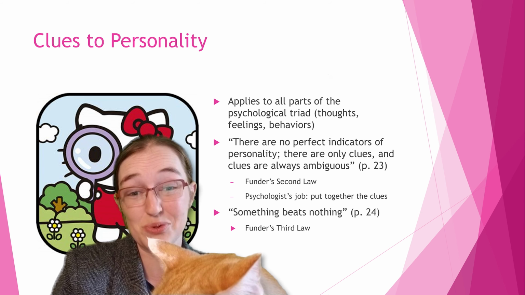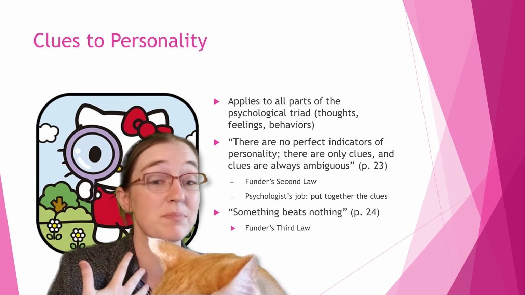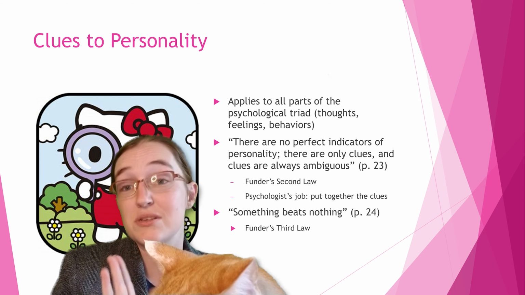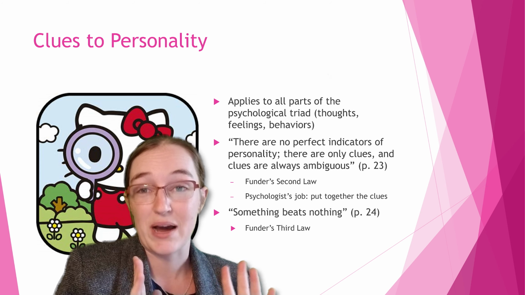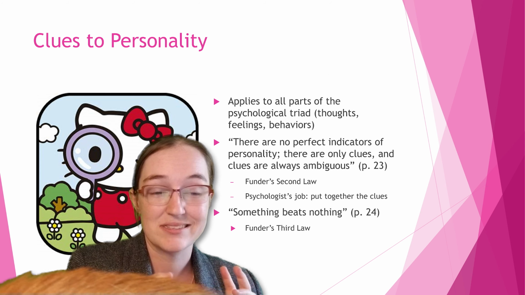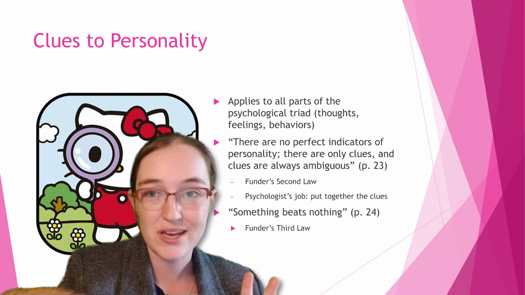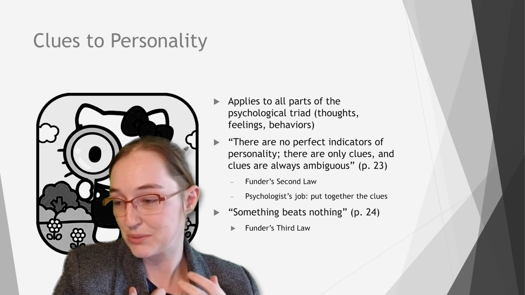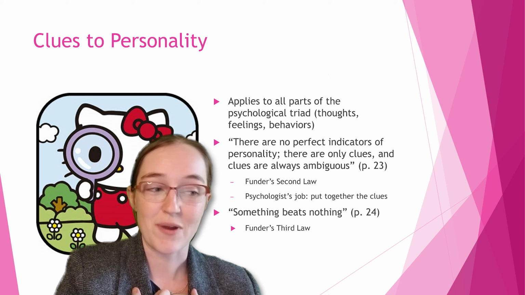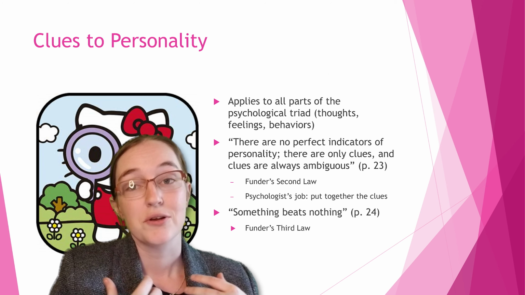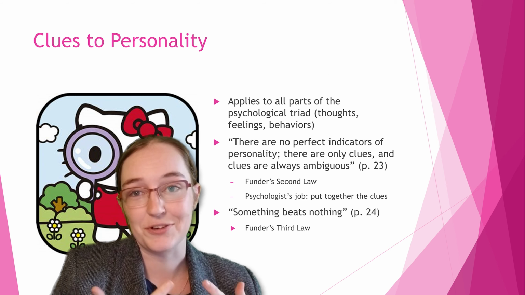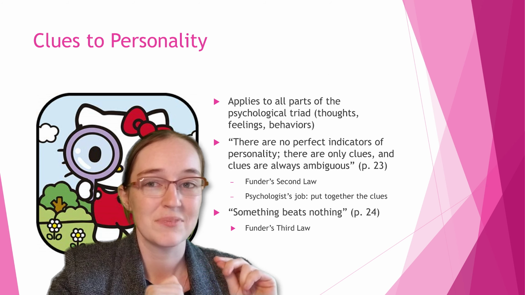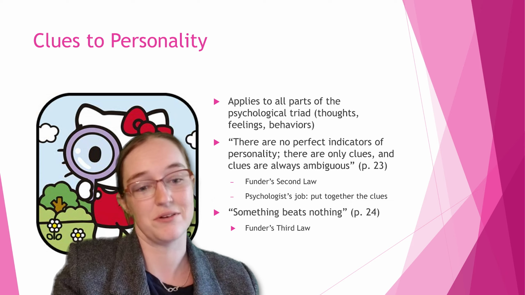As a general rule, some information is better than nothing, even if that information is not great. There's debate about whether it's better to have biased data, so data that's inaccurate, or no data. I personally prefer to have biased data rather than nothing. But you need to be very mindful that bias exists, and we'll talk a little about that. But in general, having some data is better than no data.